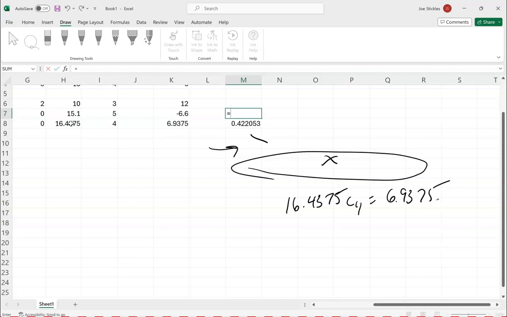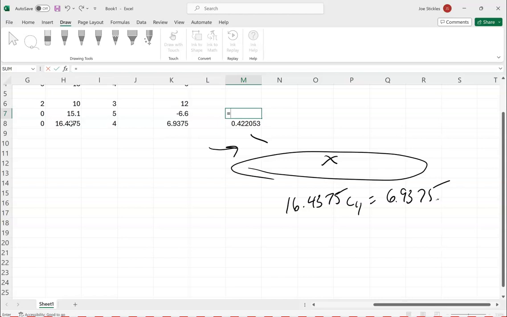Okay, so we'll need to do the negative 6.6, and I'm going to have to divide by the 15.1, but I got to do something else in the middle. I got to do 5 times this thing we just found, right? I got to take this value that we found for C4, which is weird because that's not the number it should be. That's okay. We'll figure it out. Take this times the C4, right?